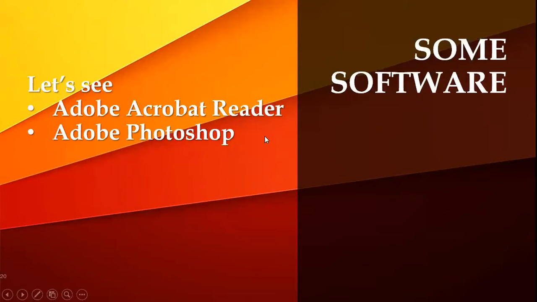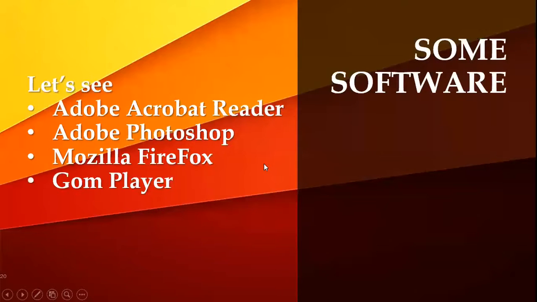Okay, or you can edit something too. And Mozilla Firefox, you know, this is like Google Chrome, an internet browser. And GOM player, like media player, like VLC player, you can watch video and listen to music on this application.